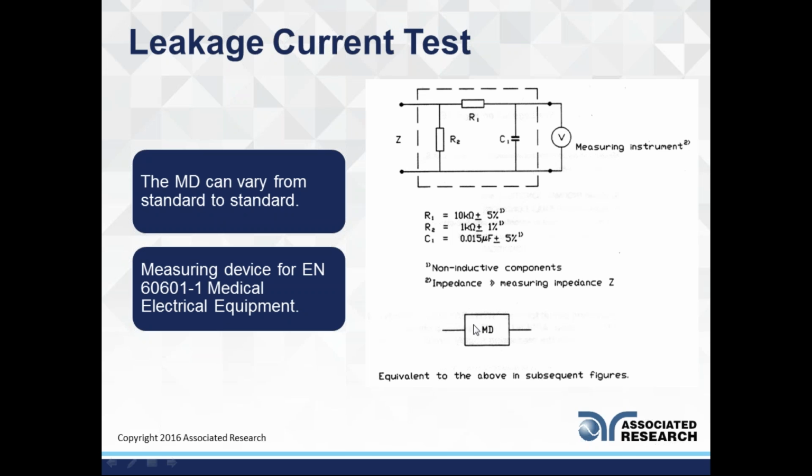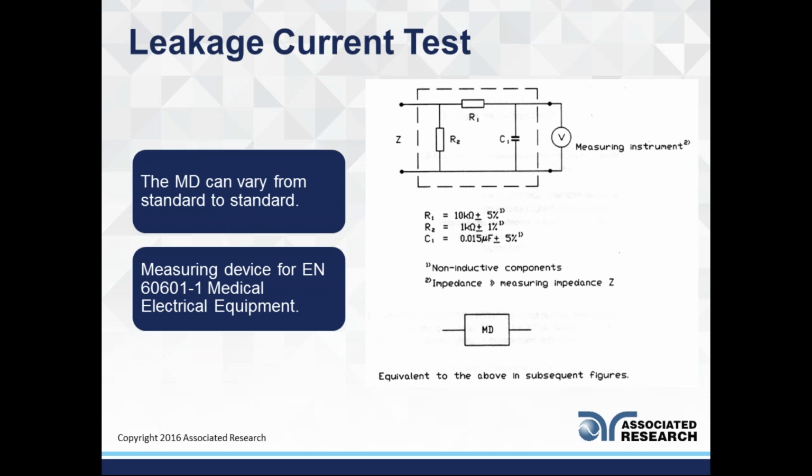So again, a measuring device is usually just a couple little components on a PCB that you can actually make yourself. We've given you the convenience of giving you about 8 to 10 different standards, different measuring devices that they call out for, so you can already find those in your instrument.